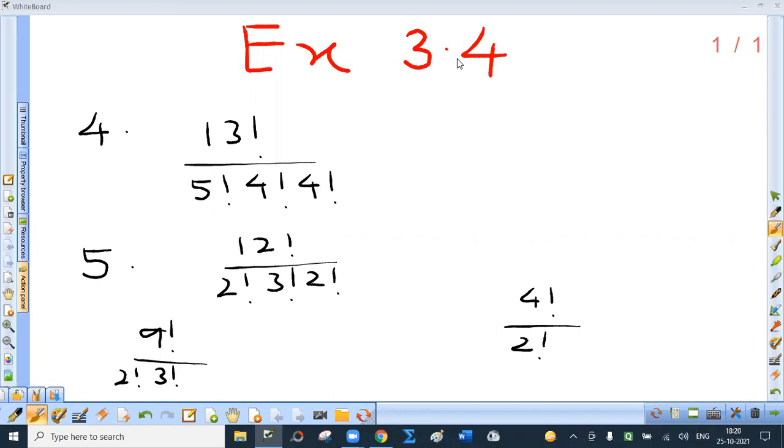Which include M, capital M twice, A, capital A thrice, and T, capital T twice. And the rest are all different.